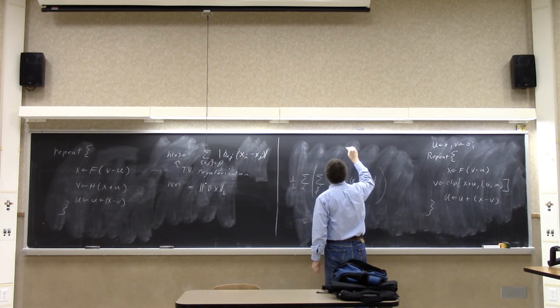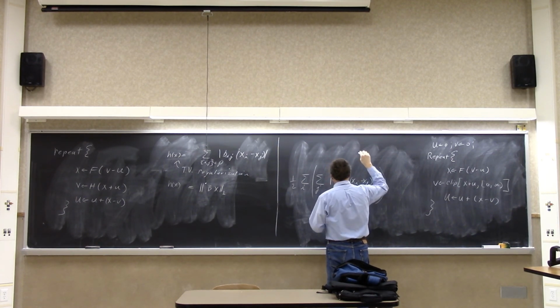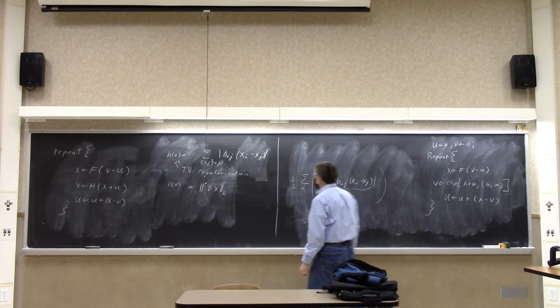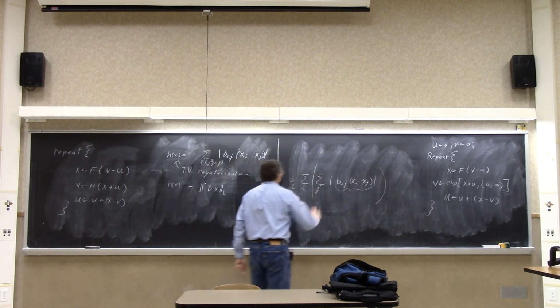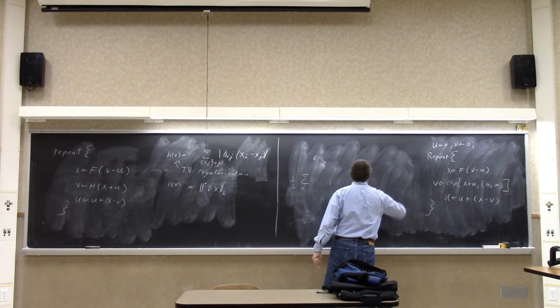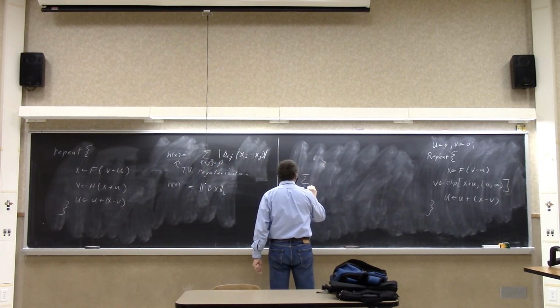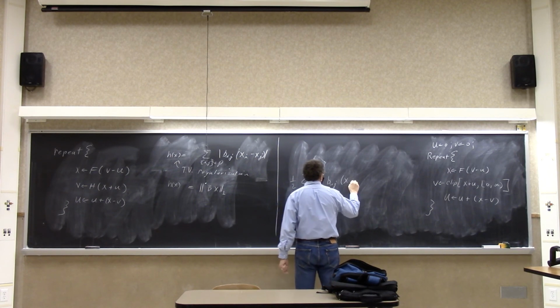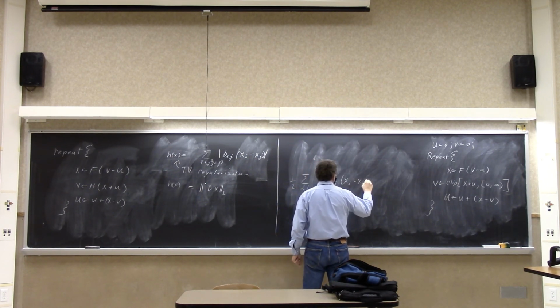I'm not doing a very good job at this. Oh, no, let me not write it like that. I can make it the sum over i and j of the absolute value of b_ij of x_i minus x_j, right?